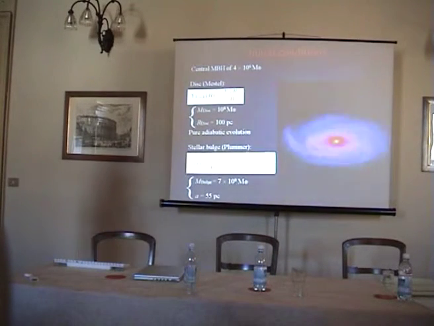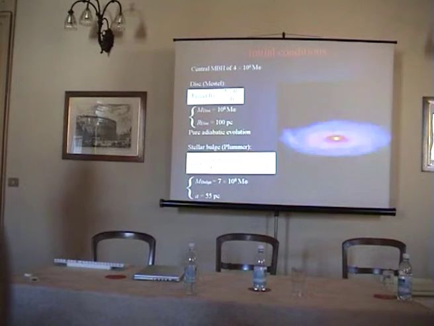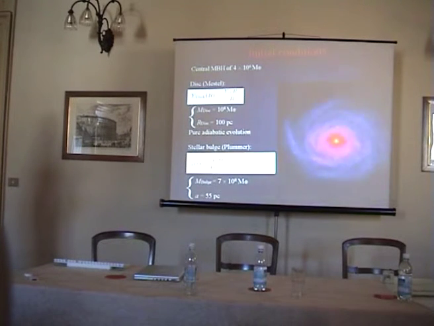The initial conditions of our simulations are a central massive black hole of 4 million solar masses placed at rest at the center of a composite structure composed of a circumnuclear disk embedded in a stellar bulge. Our circumnuclear disk follows a Mestel profile with a total mass of 10^8 solar masses and a radius of 100 parsec.